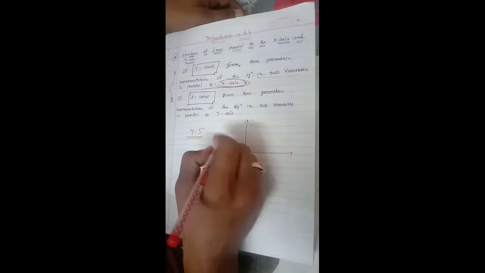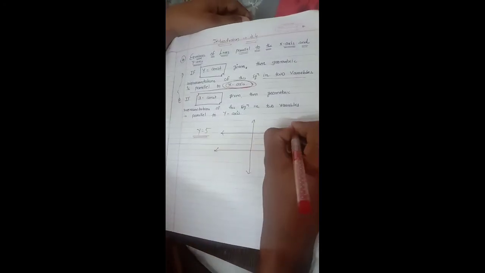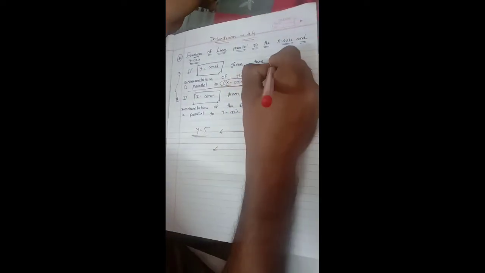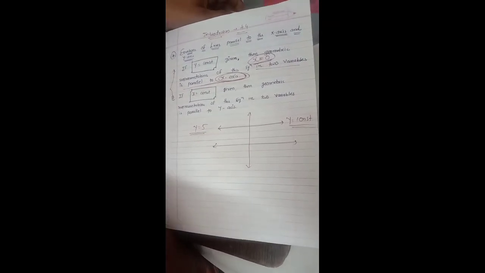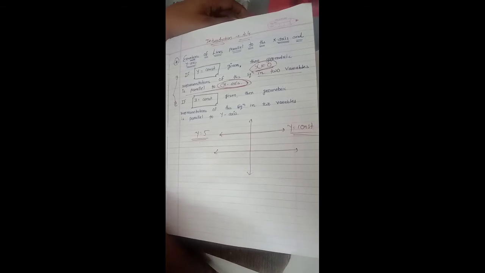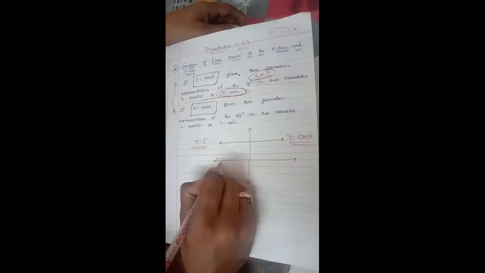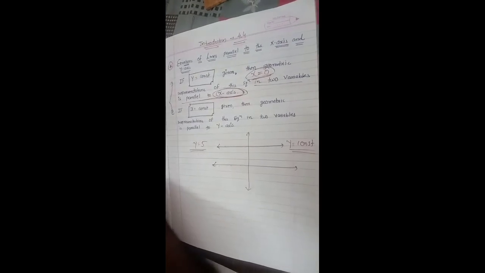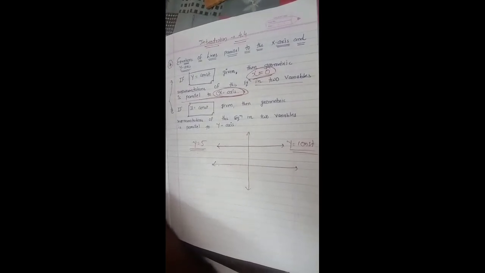If you plot a graph, then the line is like this, parallel to the x-axis. This one is y is equal to constant. In y is equal to constant, x is 0, meaning no x value is there, so the graph is parallel to the x-axis. It means for any value of x, you get the same value of y.